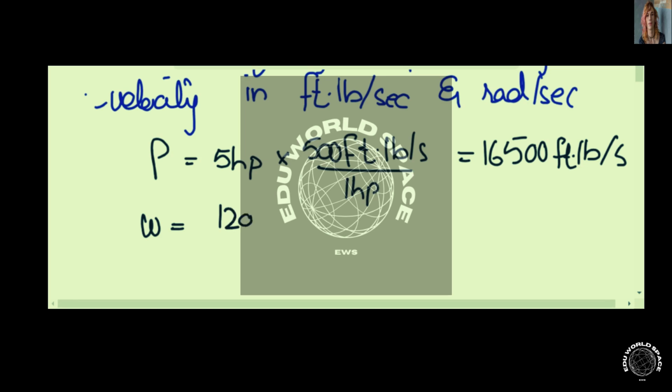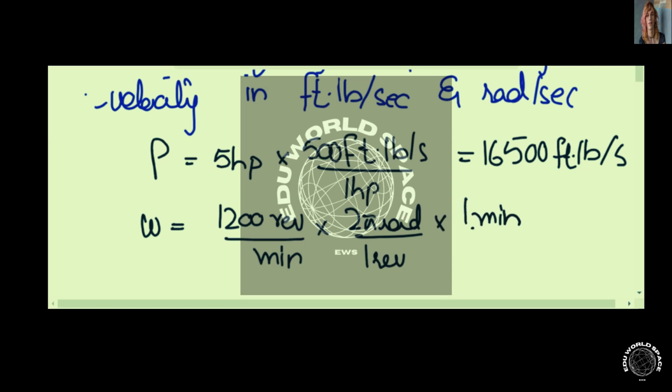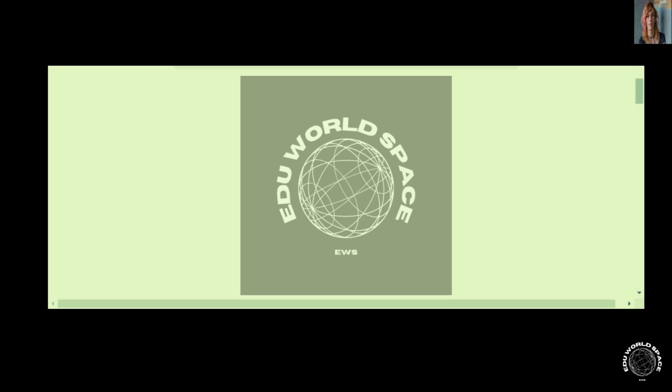That is 1200 revolutions per minute, so 2 pi radians divided by 1 revolution, times 1 minute divided by 60 seconds, which is equal to 125.66 radians per second.